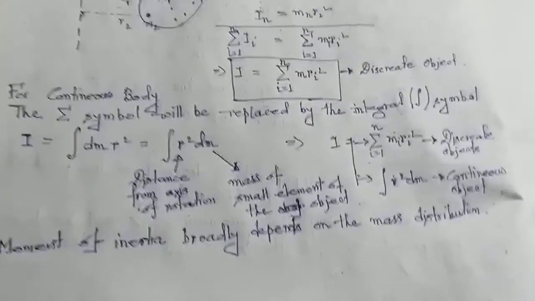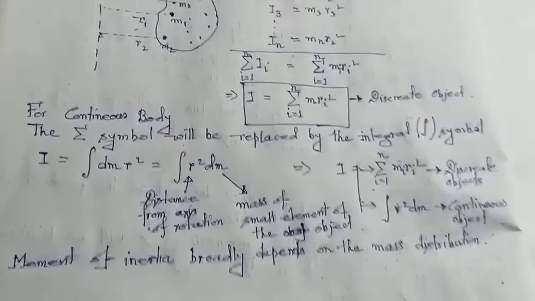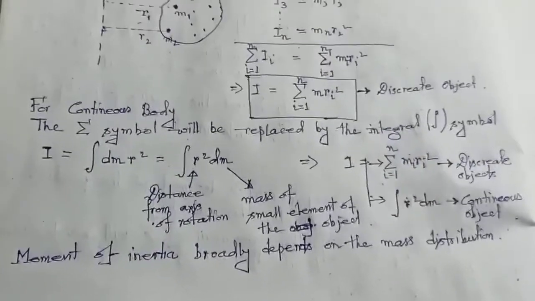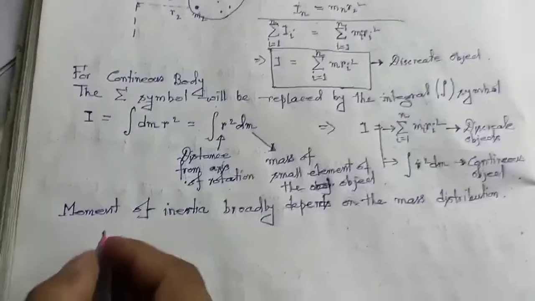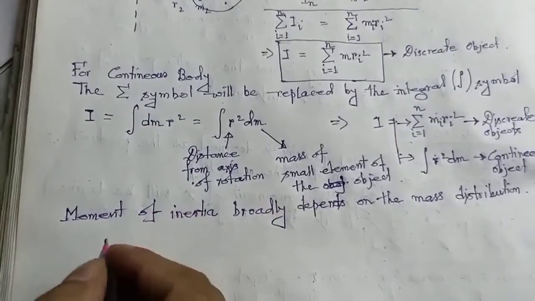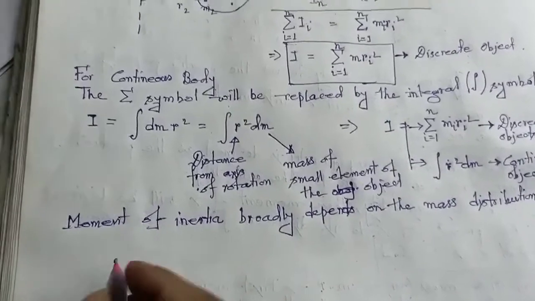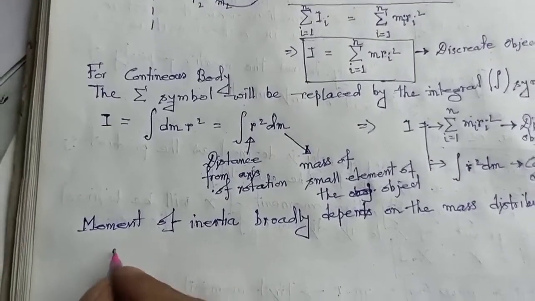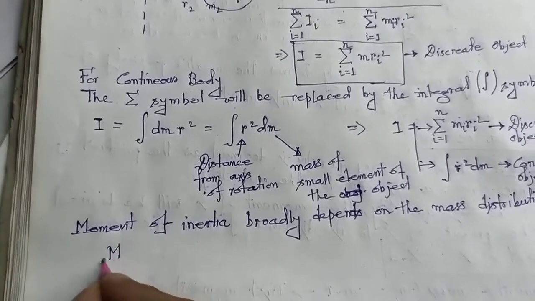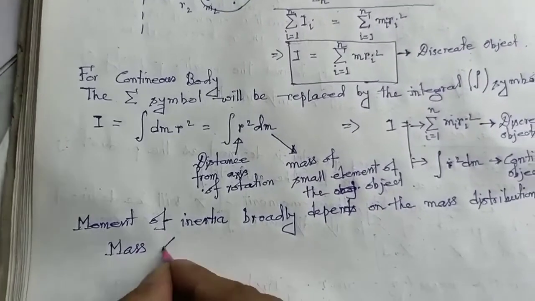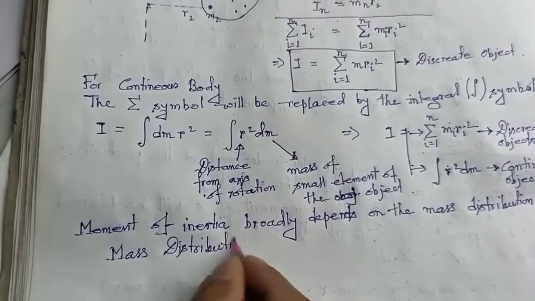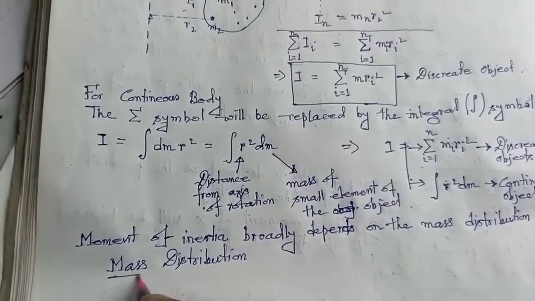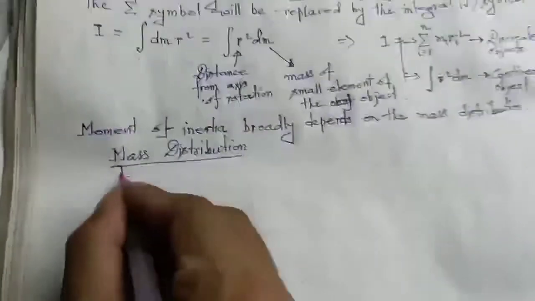So what is mass distribution? Mass distribution is nothing but how mass is distributed for an object or body. If you classify mass distribution, there will be three types. Mass distribution can be classified into three categories.